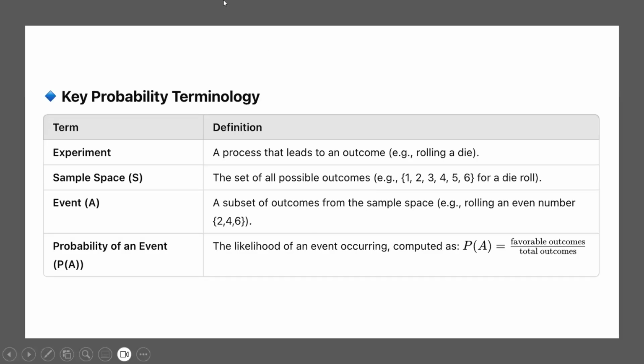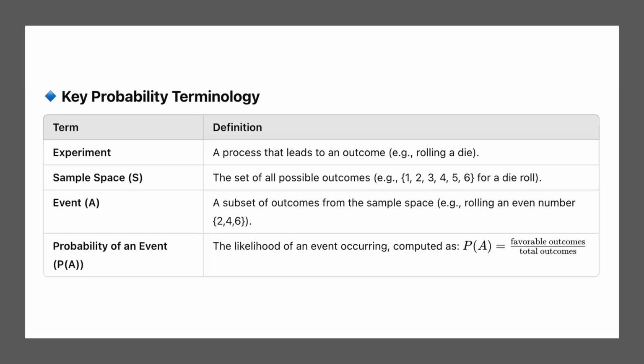Let's summarize what we studied so far in the probability terminology. We talked about experiment. It's a process that leads to an outcome, like rolling a die, fetching a card from a 52-card stack, or tossing a coin. Sample space is the total number of possible outcomes from an experiment.